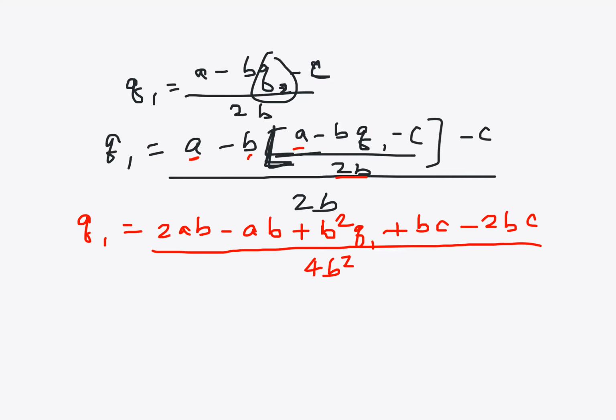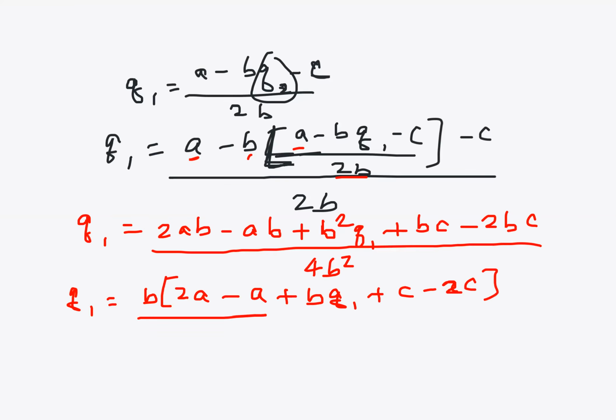Then we can factor out B in the numerator here because it's common in all terms. So Q1 equals B, you're factoring out B. So you're left with, from 2AB, take B out, so you get 2A. Over here, you get A, and then you get plus B times Q1, and then you get just C, and then you get minus 2C. And then you divide it by 4B squared.